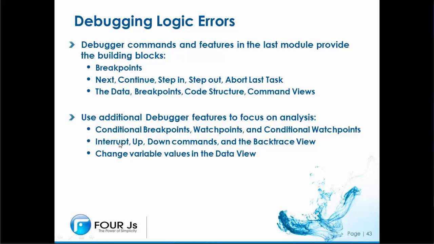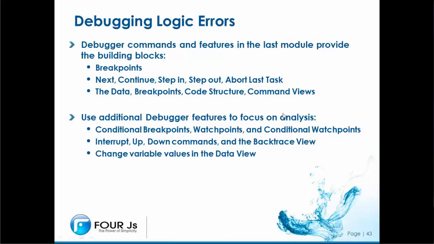We've already talked a lot about them just because of some of the questions yesterday, but the interrupt command can be handy. The up and down commands help track what caused you to be in a certain place in the program, maybe track where you're at when the actual error occurs. So it's a lot easier to find an error with some of these commands. You don't spend a lot of time with display statements and that type of thing trying to track them down.